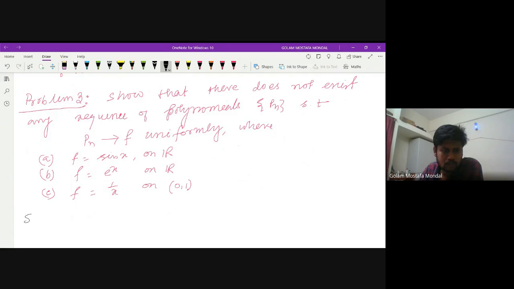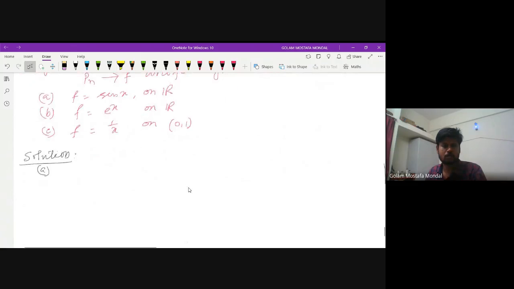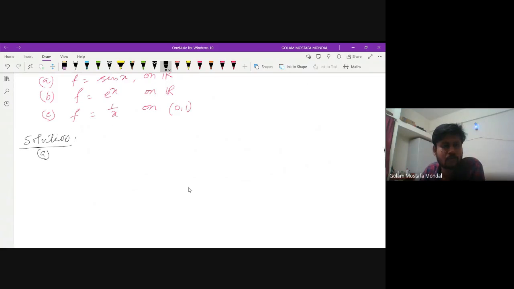Solution. For sin x, this one is easy, so I'll prove B. Similarly, you can show that this is also true.